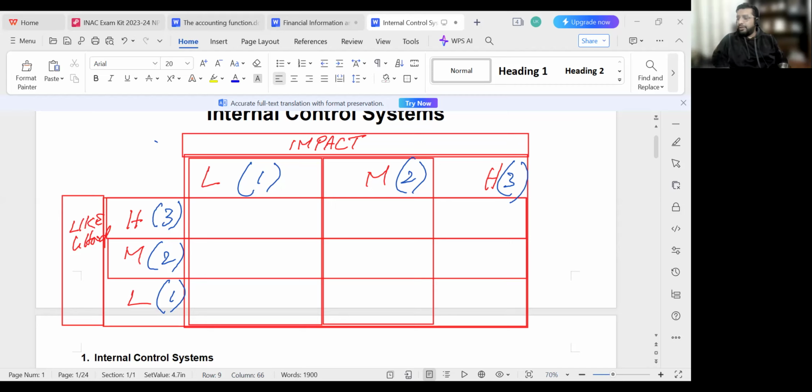So impact is going to be low and likelihood is high. So you multiply 3 with 1. So the score you would be giving to that risk is 3, and you will be placing that risk in this box. Okay. So we can say the store lock.